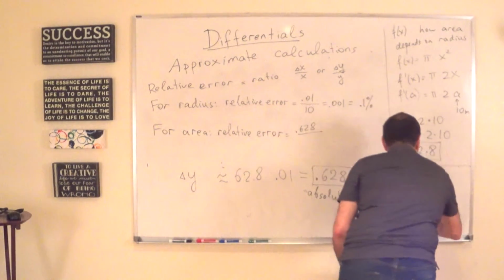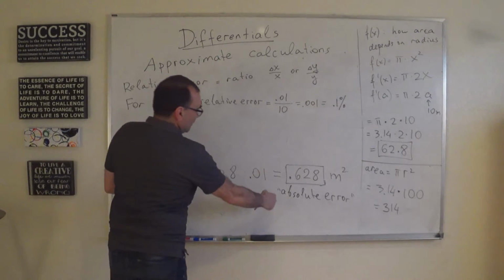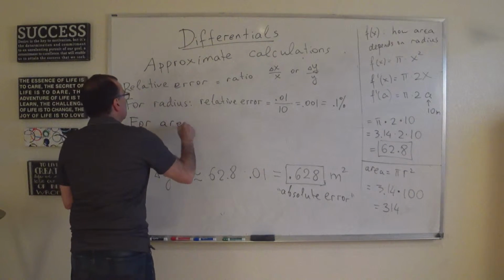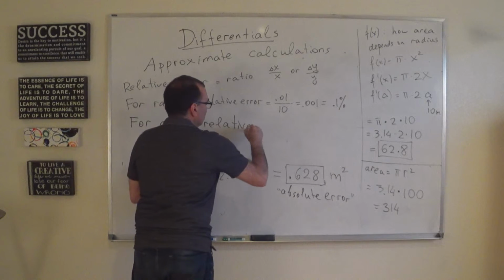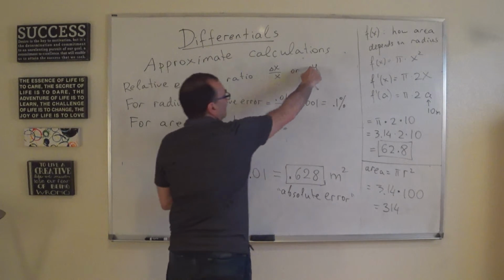So now let's calculate the relative error for the area. It will be delta y over y.